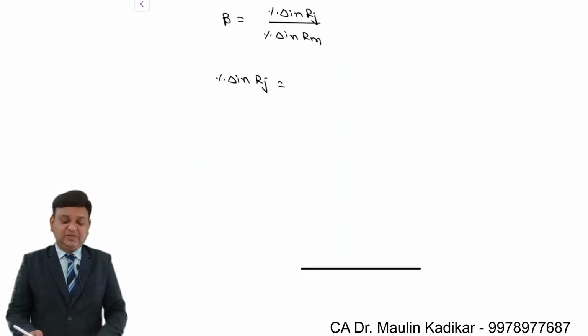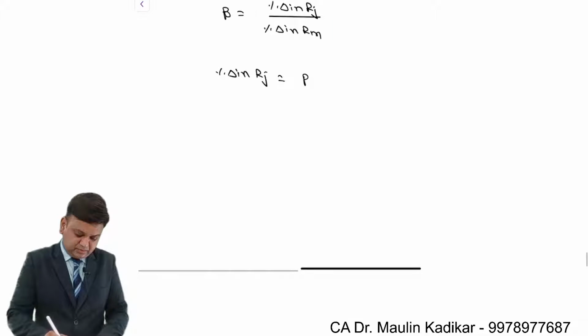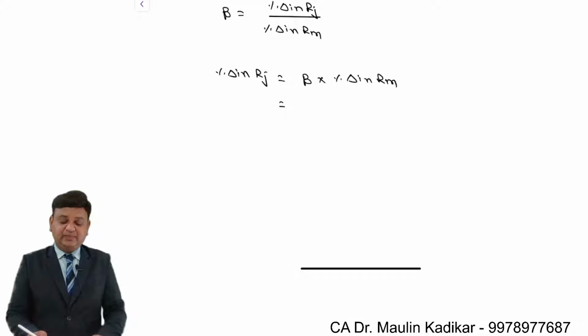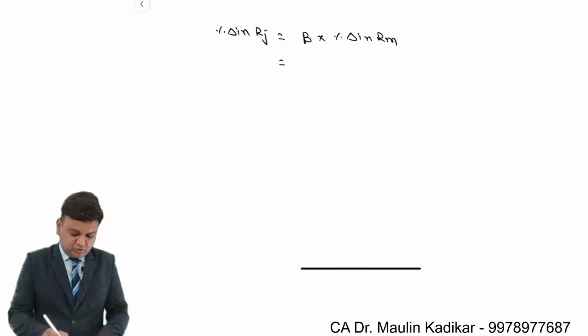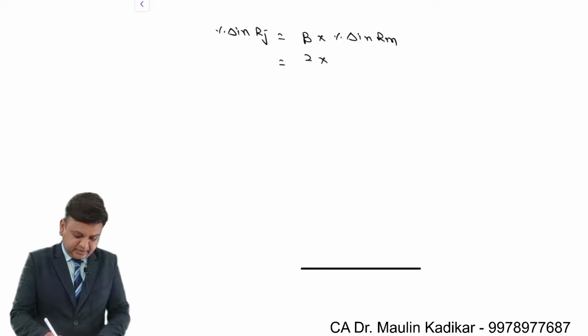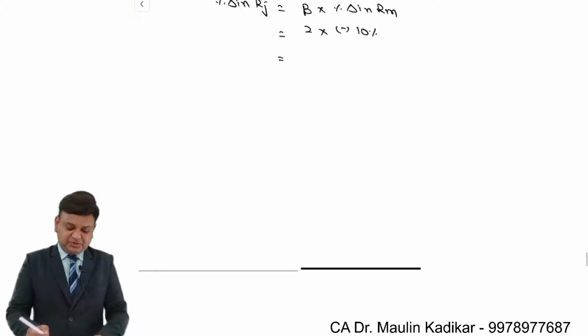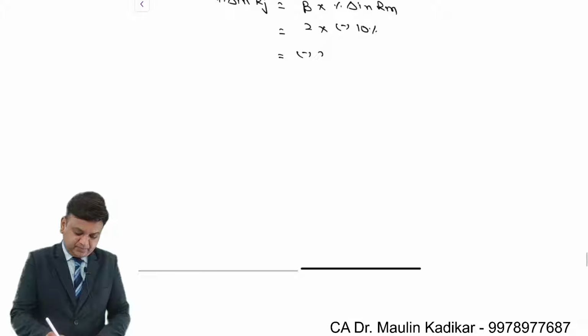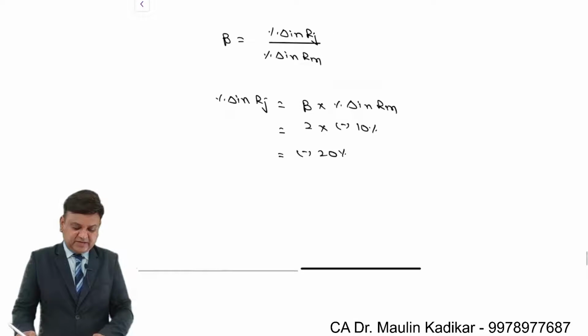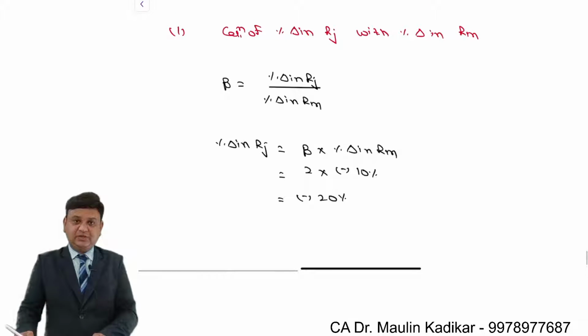So percentage change in RJ is equal to beta into percentage change in RM. What is beta? Beta is 2. Percentage change in RM is given to us as negative 10%. So percentage change in RJ is negative 20%.